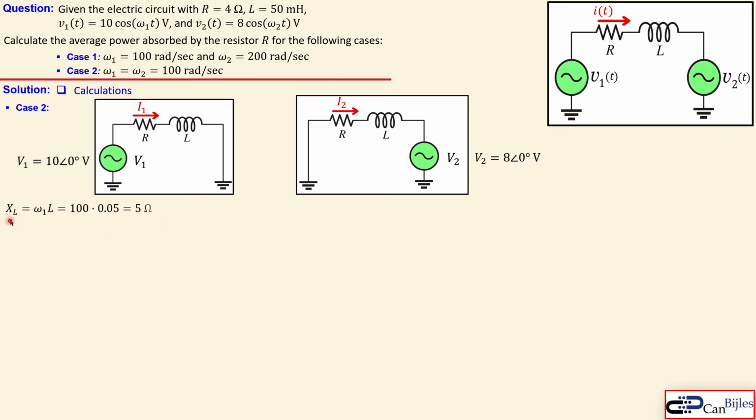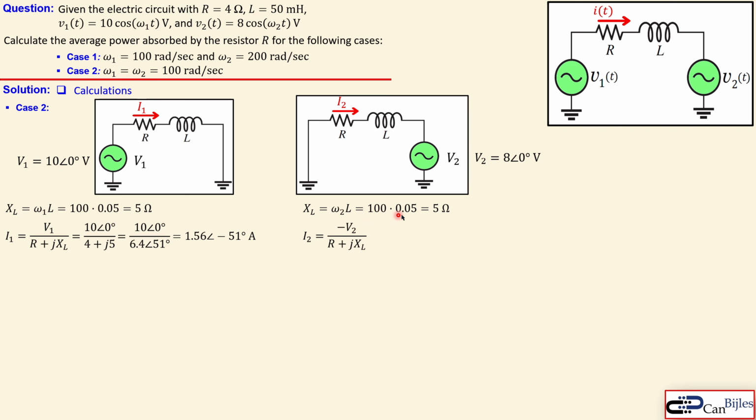And now we can say that XL here is omega 1 times L, which will be 5 ohms in the same manner, and we can calculate this again. This was done before. Now this is not changing, exact same result. Now the omega 2 here will be again 100 because that is the same thing. So we just repeat the calculation. The only change is that we need the minus sign here and our V2 is different.